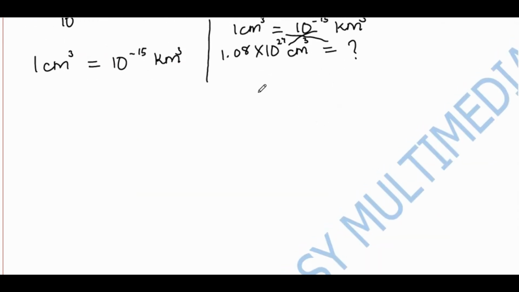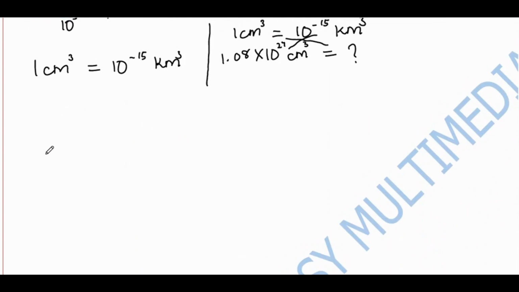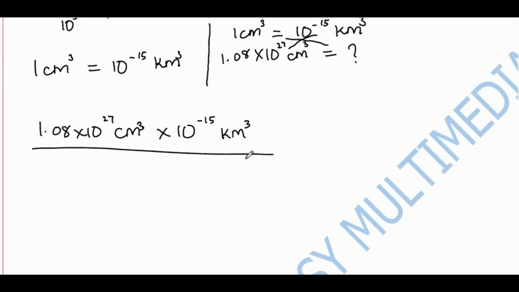Which leads to 1.08 times 10 power 27 cubic centimeters multiplied by 10 raised to power negative 15 cubic kilometers, and then we divide by 1 cubic centimeter.